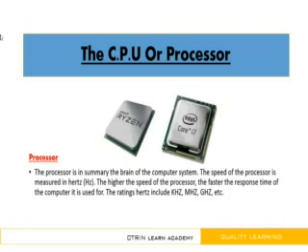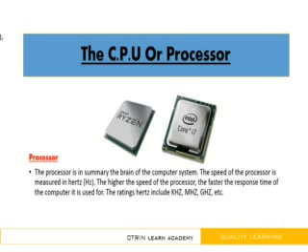So every processor you are getting for every system has its own speed, and the higher the speed of the processor, the faster the response time that the computer would give to you. So in this case, the ratings are measured in kilohertz, megahertz, gigahertz, etc. Every computer has a rating of its processor, and when you're getting the computer, it will be included on the body of the computer.